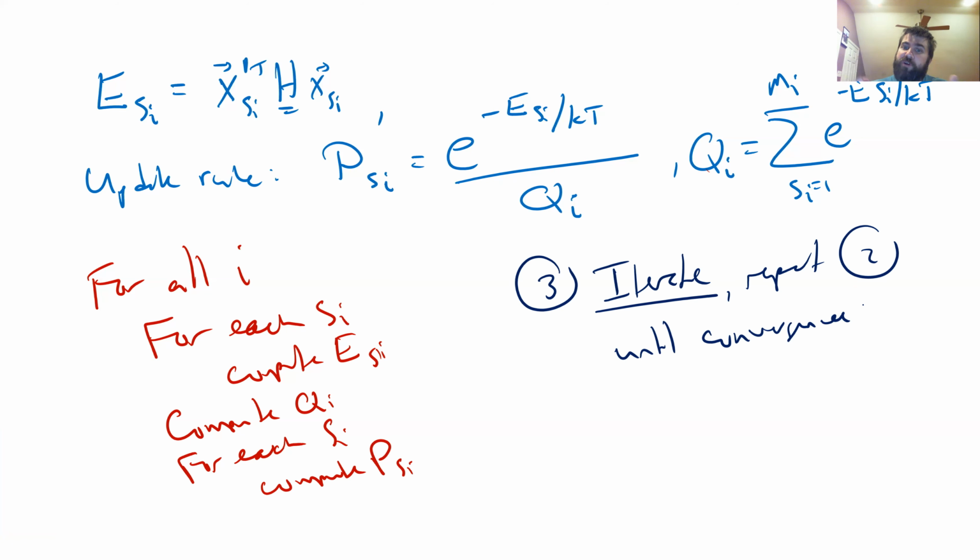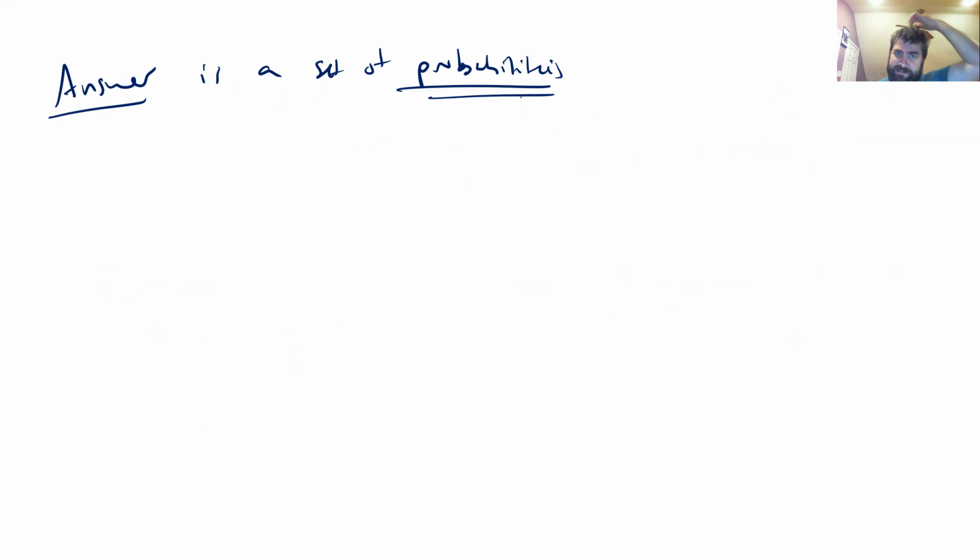That is, the probabilities aren't changing anymore. Now, what do we get out of this? Our answer is a set of probabilities, this set P(S_i).